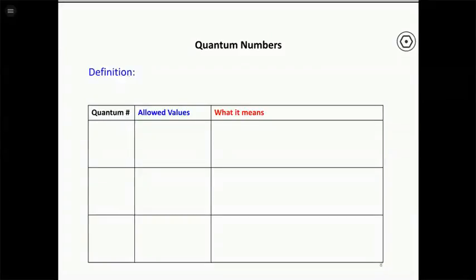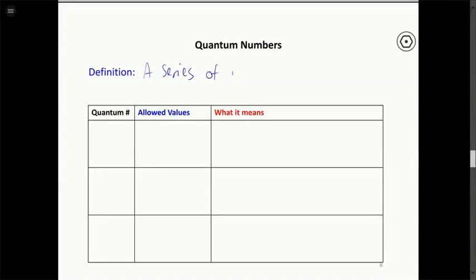So when you write out equations for wave functions, you have a set of parameters called quantum numbers that will tell you certain things about that wave function, and that's what we want to understand in this course. So quantum numbers are a series of integers, typically, at least for orbitals. There's one other quantum number we'll talk about next time that's non-integer, but they're all simple numbers. And these integers are some parameter, some part of the wave function, if we were to write out the full equation.